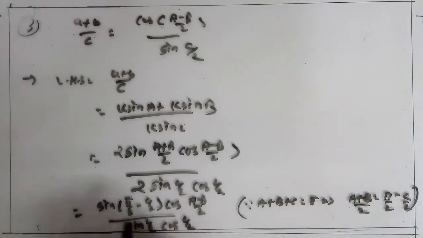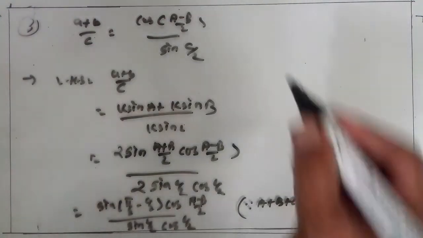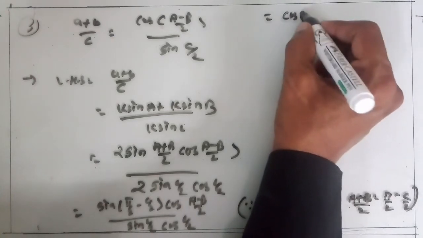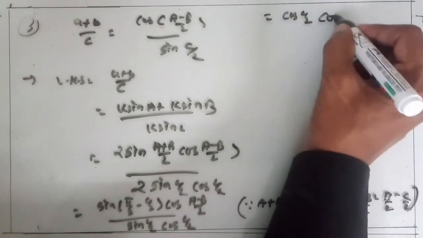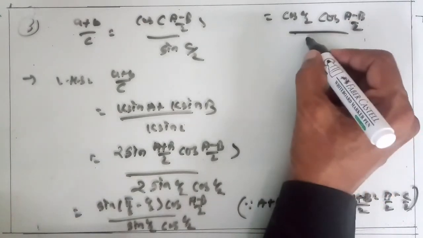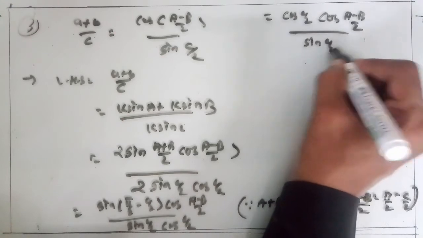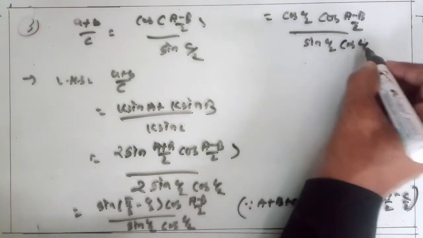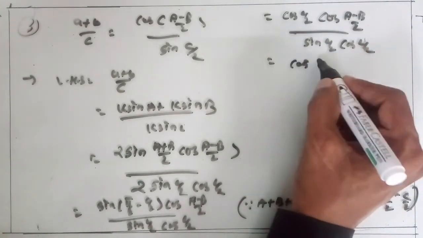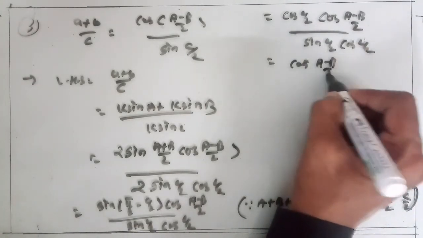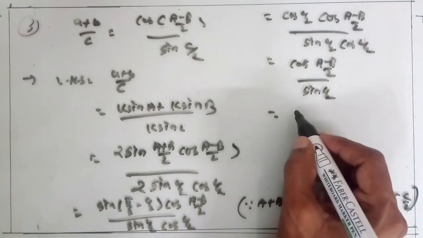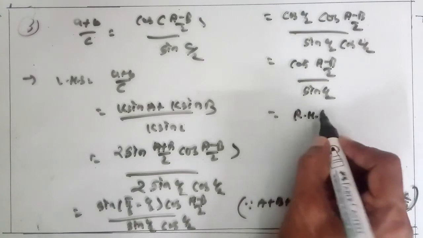Clear this? Sin of (pi by 2 minus C by 2) changes into cos, cos C by 2, into cos of (A minus B) upon 2, upon sin C by 2 into cos C by 2. Clear this? Cos C by 2 cancels from both, we get cos of (A minus B) by 2 upon sin C by 2. Hence proved, this is the right hand side. Clear this?